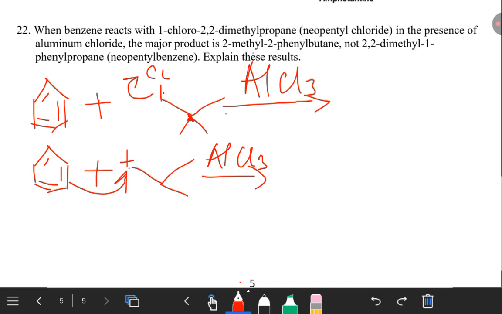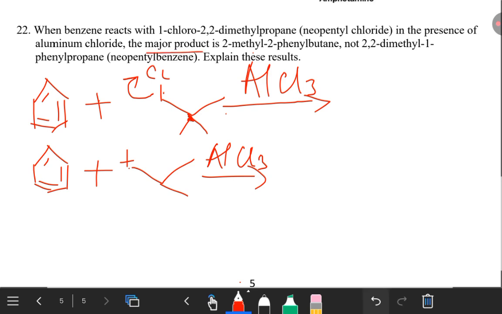So what we need to do here is perform what is known as a methanide shift. This is the minor product which is not produced, that product they have told us not to produce. So we need to do a methanide shift for us to get the major product.